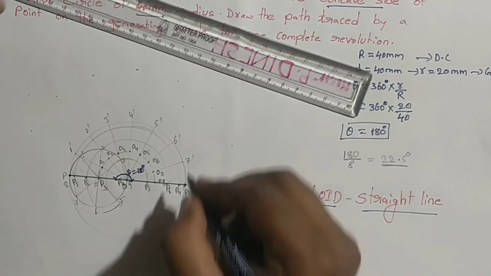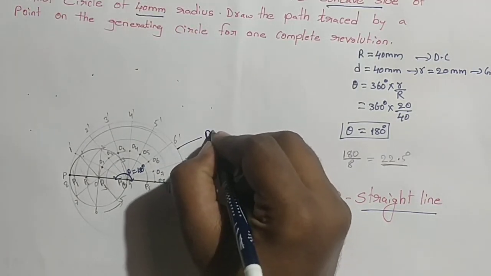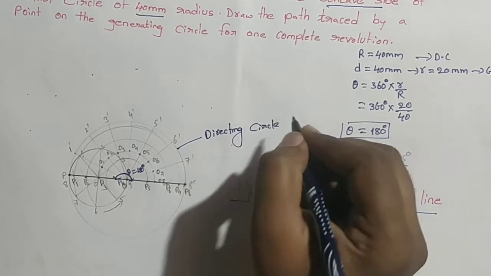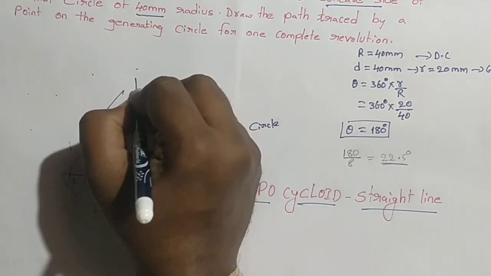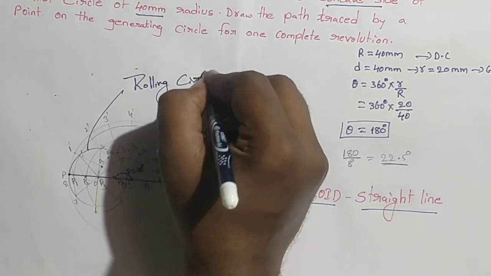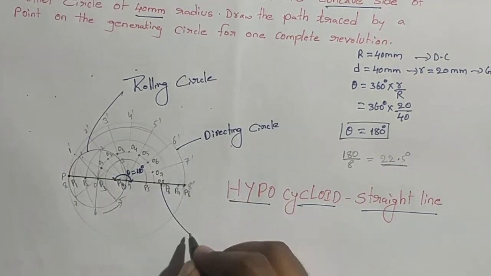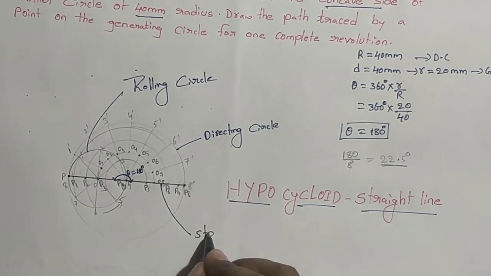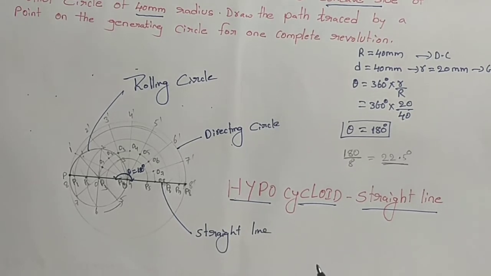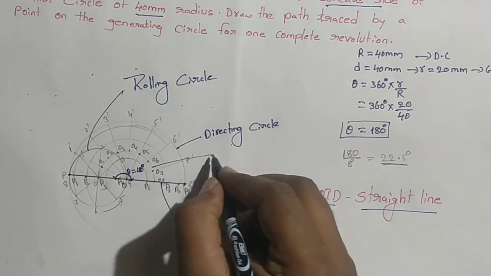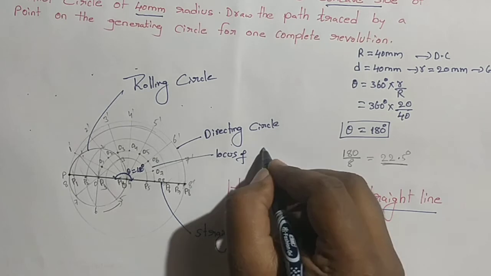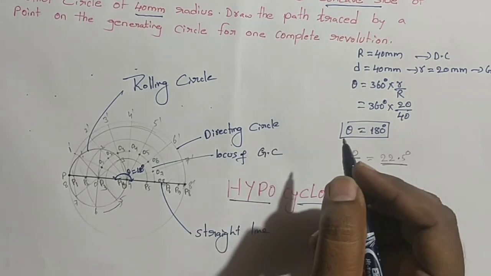Next, it is the directing circle, and this one is the rolling circle or generating circle. Next, it is the straight line, and this one is the locus of the generating circle.